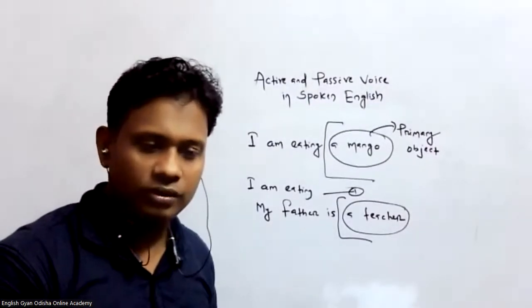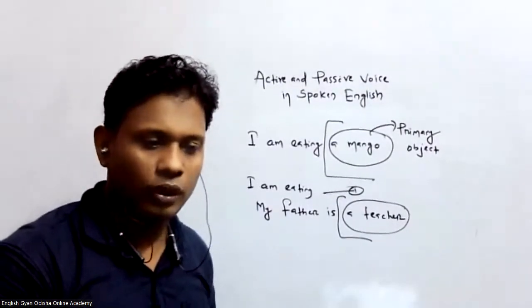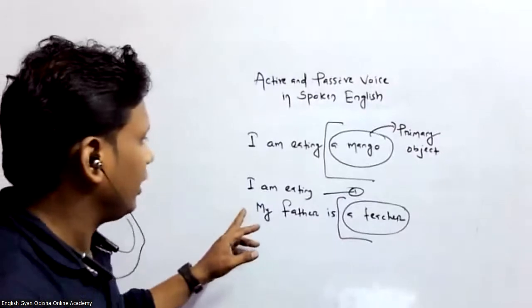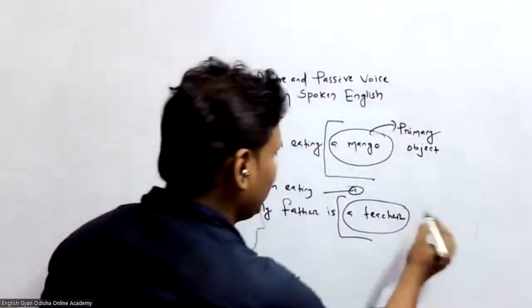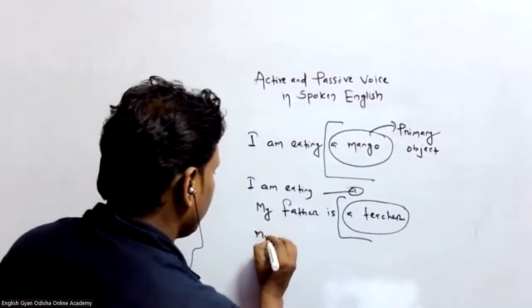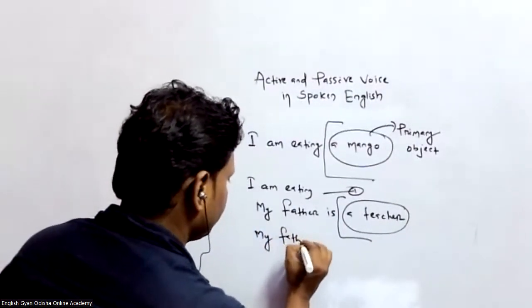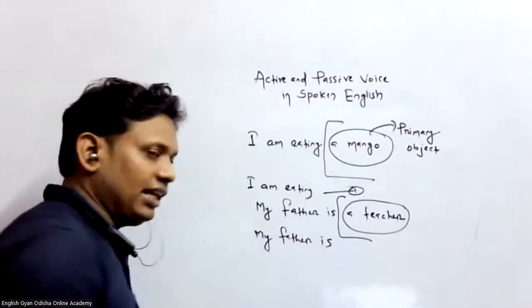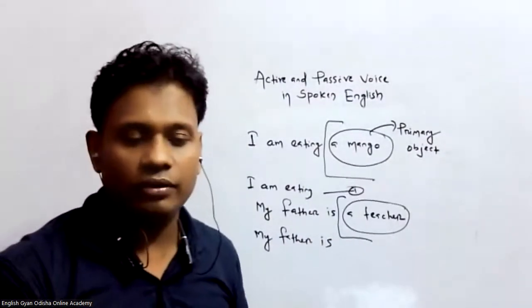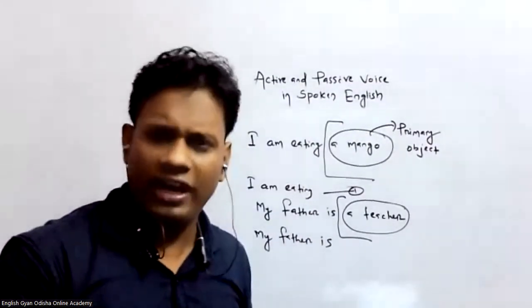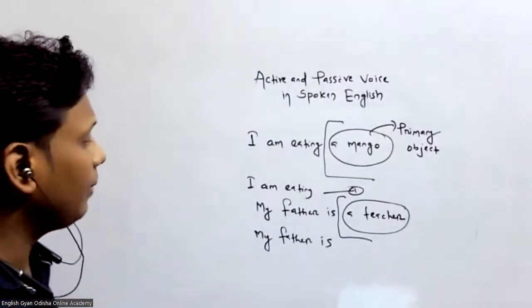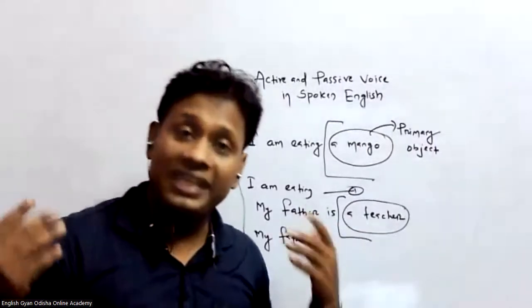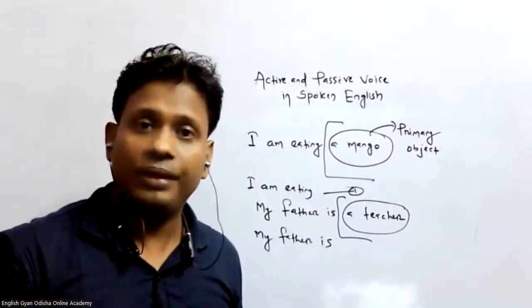Anybody asking anything? Okay. So I am eating, but here, my father is a teacher. If I take out a teacher, the sentence will be, my father is. Do you find any meaning? No, not at all, because you can't express it.